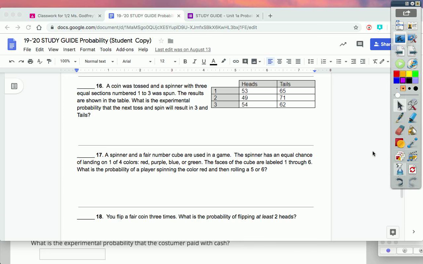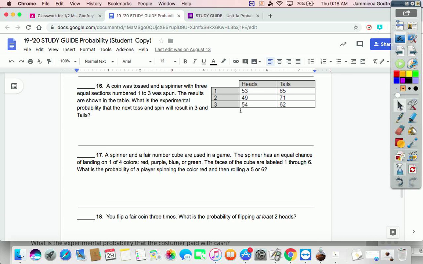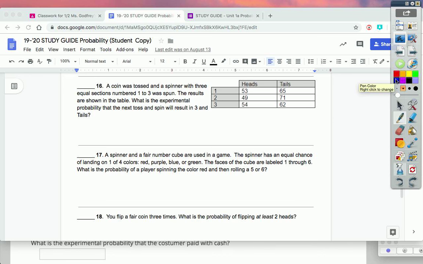So the first thing we need to do is find our total. We're going to add all of these and all of these, which will give us a total of 354. And we're looking for the one that is going to be a 3 and tails. So 3 and tails, which will give us 62.